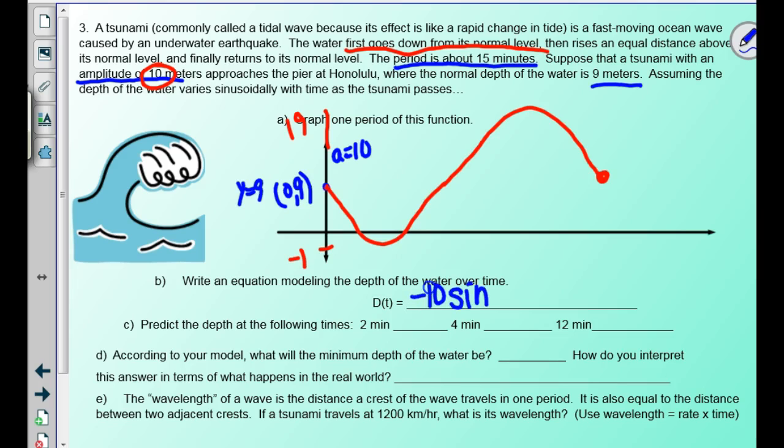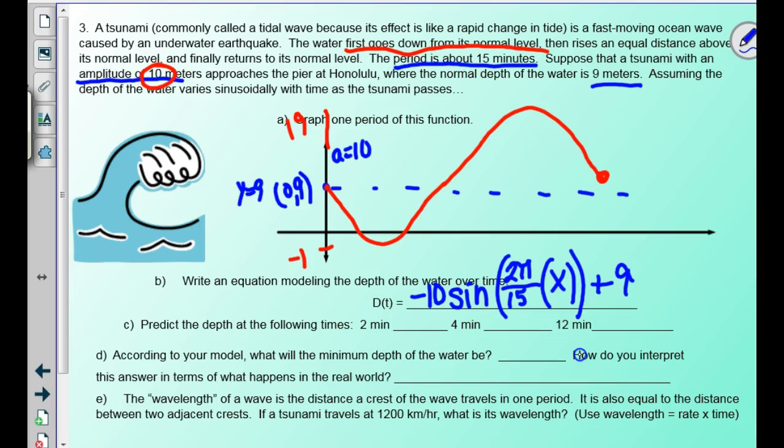Negative 10 sine. 2 pi over period. What's our period? They told us. 15 minutes. Do we need a phase shift if we do a negative sine? No. And our vertical shift you said was midline at 9. So now you could just plug in 2, 4, and 12, and for that one you could actually use the table because they're nice round numbers.